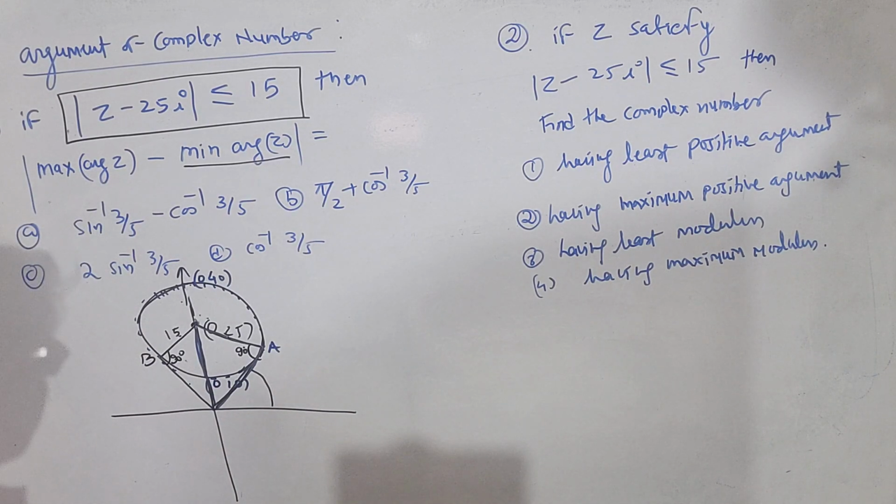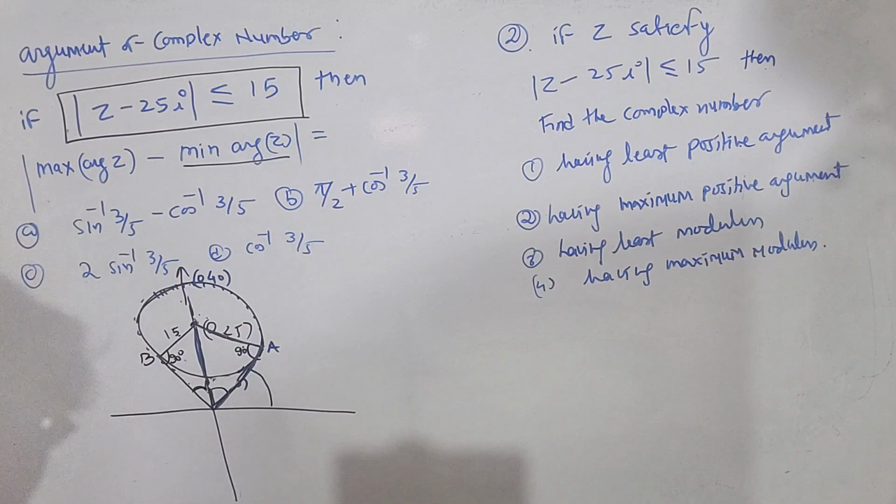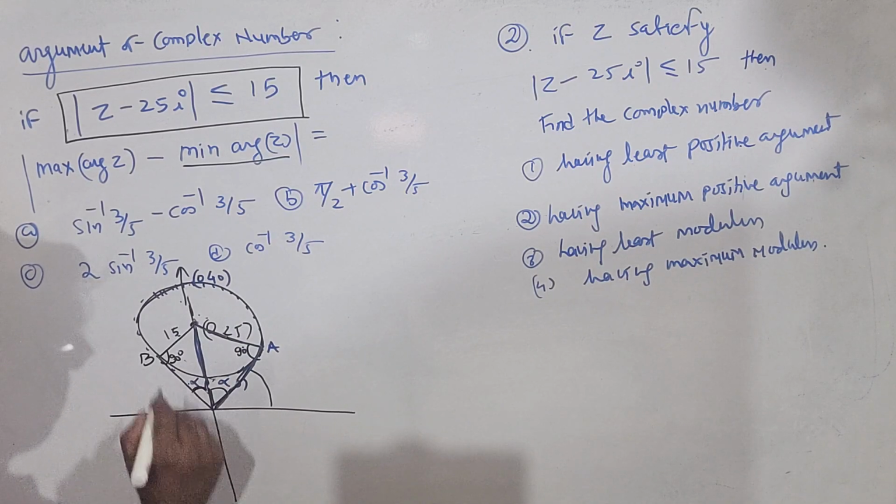So finally you can say that this angle and this angle are the same, okay? By symmetry these two angles are the same. Suppose this angle is alpha, and this angle is also alpha.